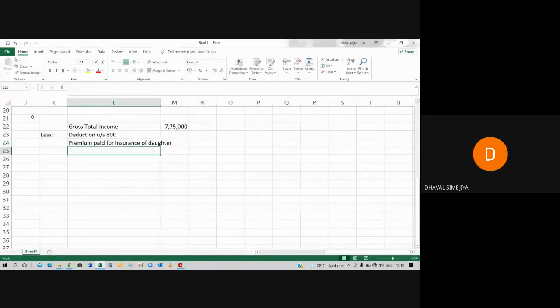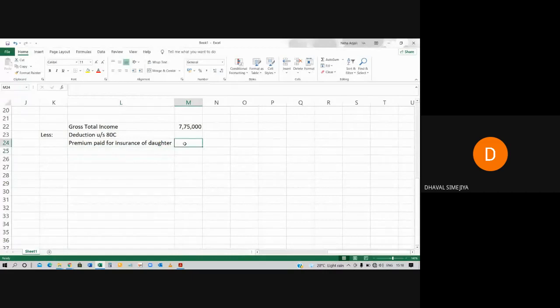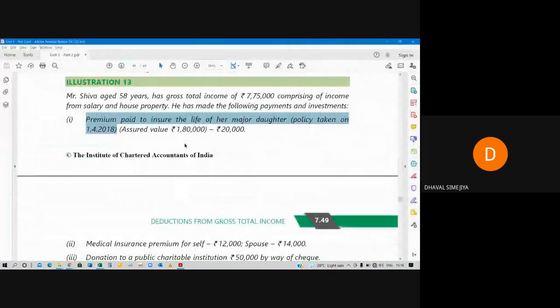What will be the amount? The policy was taken on 1st April 2018, which means after 1st April 2013. After 2013, there are two tables: 10 percent of capital sum assured if not a disabled person, and 15 percent if a disabled person. Is anything given that her daughter is disabled?